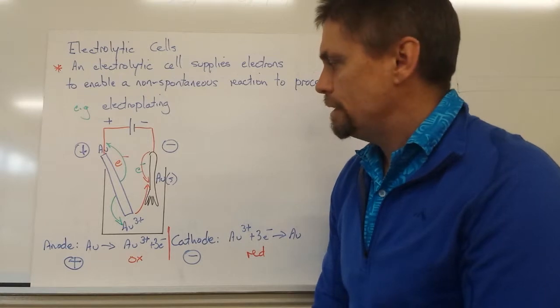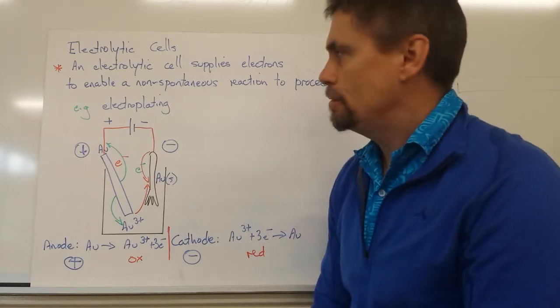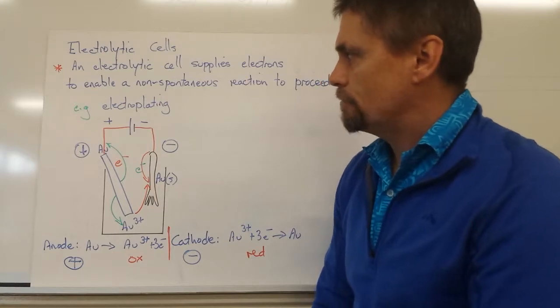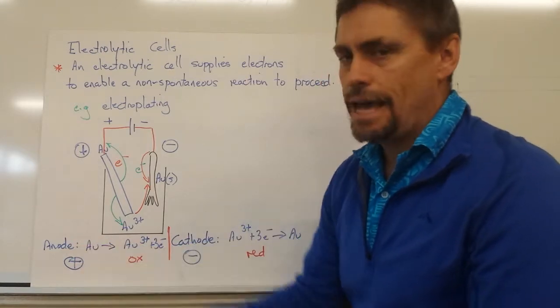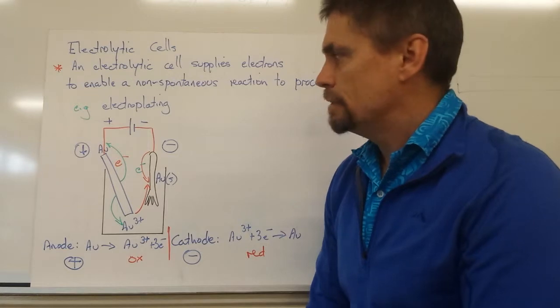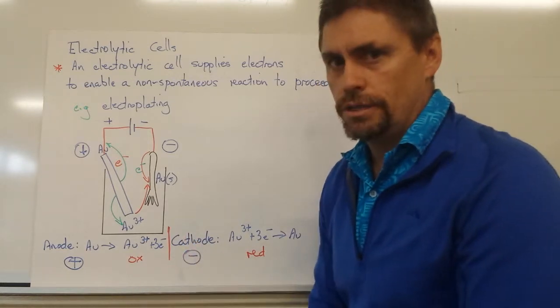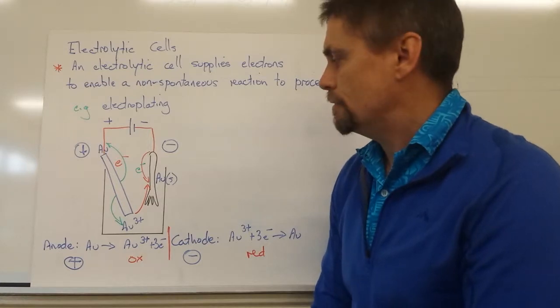Now, there is one important distinction that we must make between electrolytic cells and electrochemical cells. In an electrochemical cell, we said that the anode was negative because it supplied electrons. We also said that the cathode was positive because it accepted the electrons.